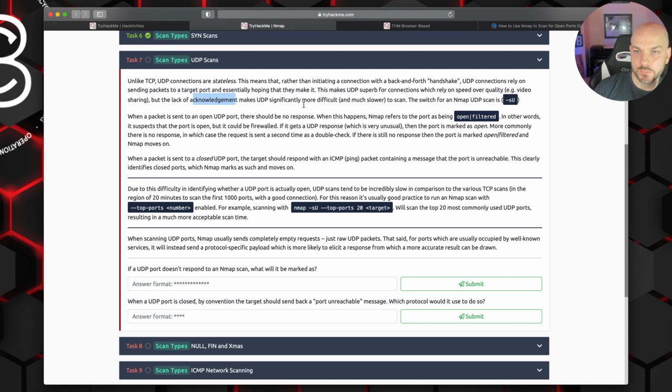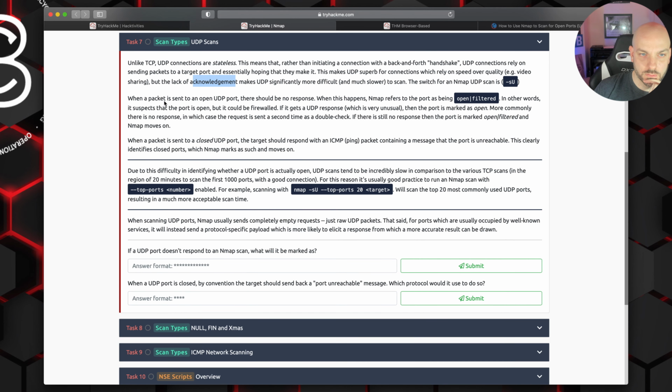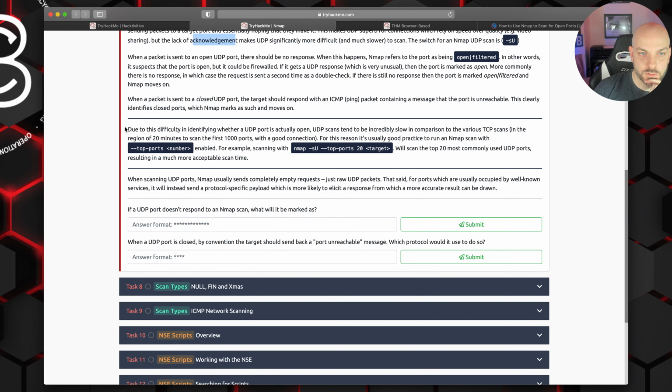Acknowledgement of UDP is significantly more difficult and slower. When a packet is sent to a closed UDP port, the target should respond with an ICMP packet containing a message that the port is unreachable. This clearly identifies the closed ports. Due to the difficulty in identifying whether UDP ports are actually open, UDP scans tend to be incredibly slow compared to TCP.